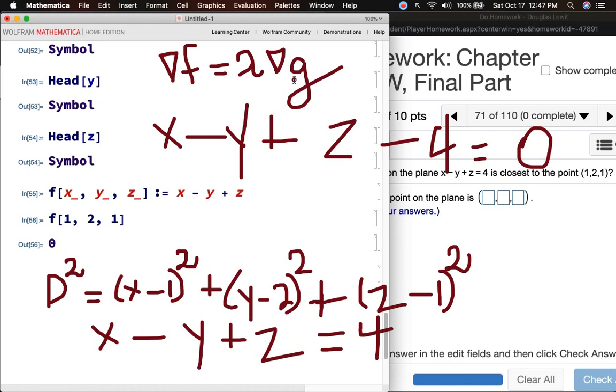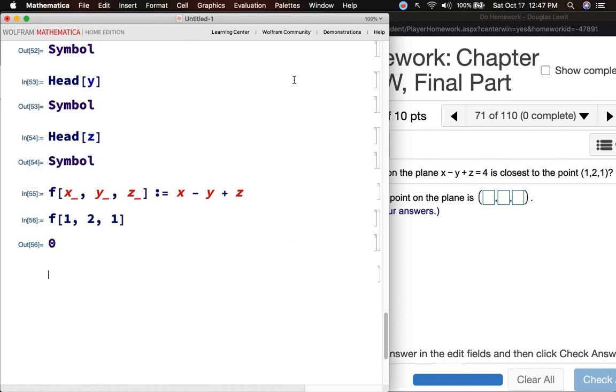Let me erase all this because otherwise it's going to be really hard to use Mathematica. There we go. So how am I going to do this? Well, think about the equations that I have.